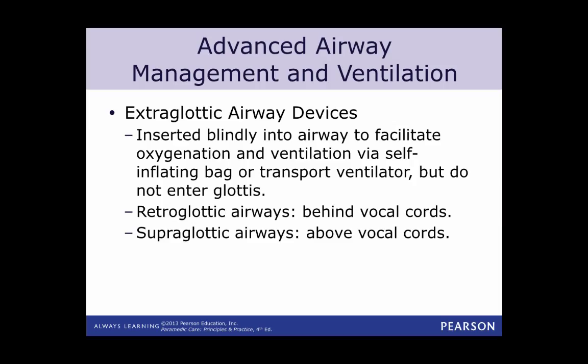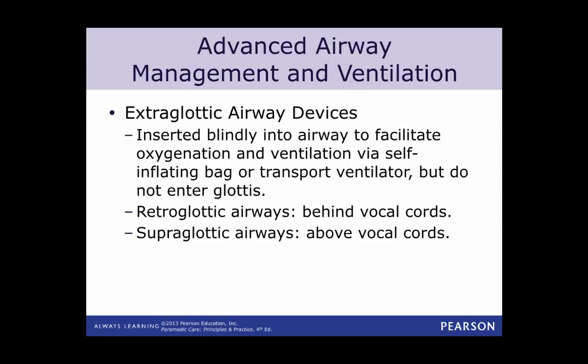Okay. So advanced airway management and ventilation, as you can see, just taking these slides from Paramedic Care Principles in Practice. It's the 4th edition, the most recent edition out there. So extraglottic airway devices are coming back in favor.